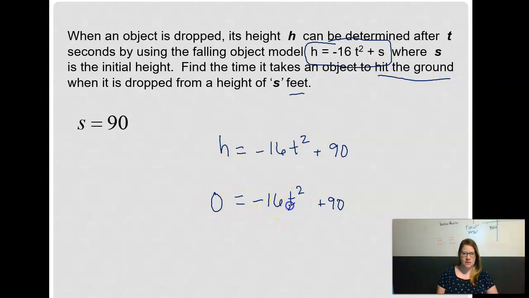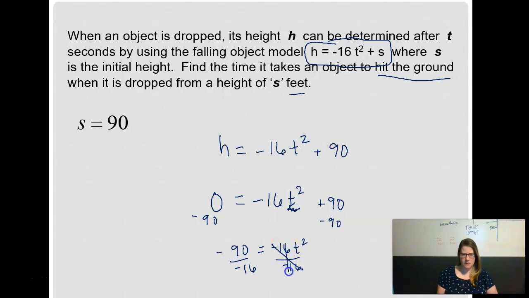So now we just need to go ahead and solve for t. We're going to subtract 90 from both sides. So negative 90 equals negative 16t squared. Divide both sides by negative 16.